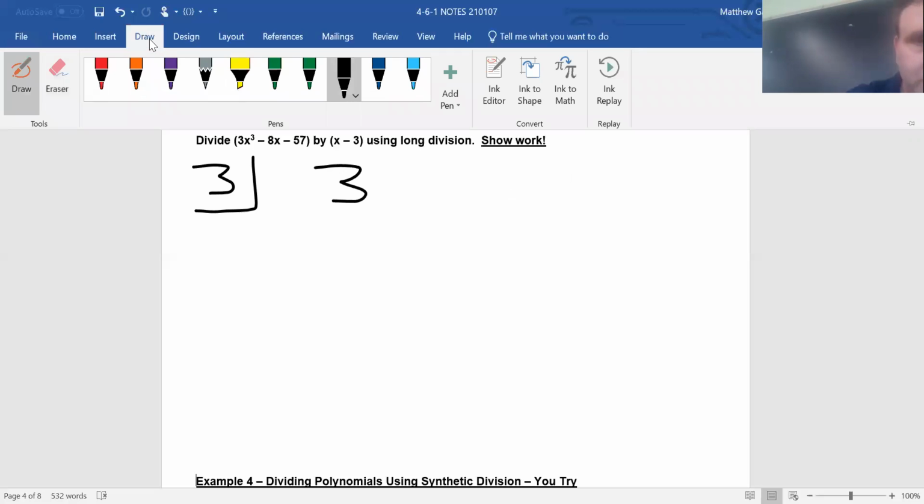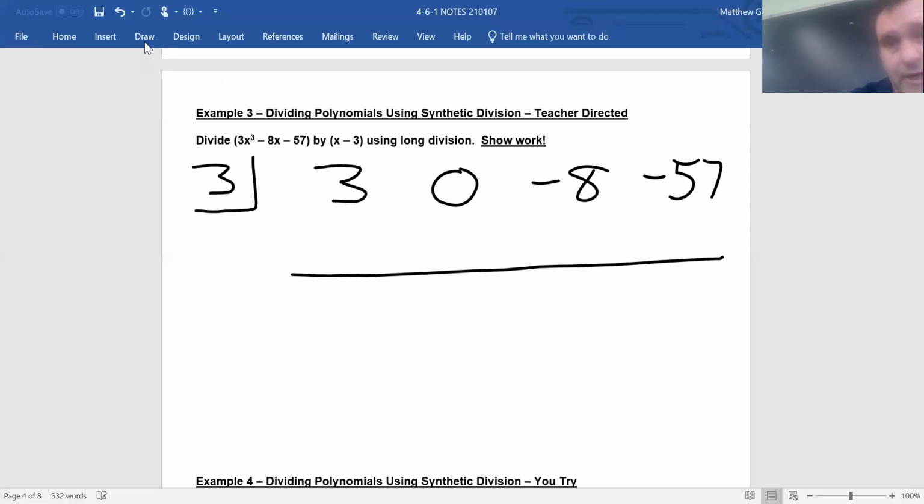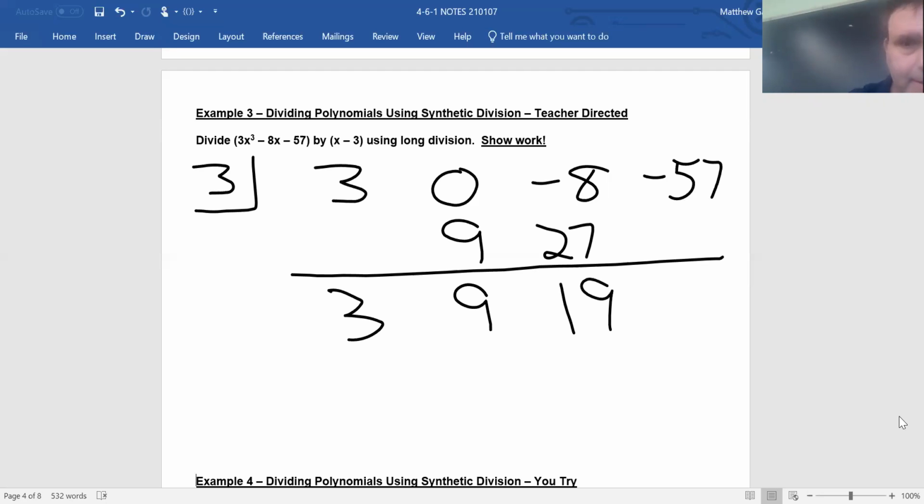A placeholder, you just put a 0 in there. So it's 3, 0x squared, negative 8x, negative 57. Then everything is the same as we did before. 3 times 3 is 9, plus 0 is 9. Times 3 is 27. 27 minus 8 is 19.